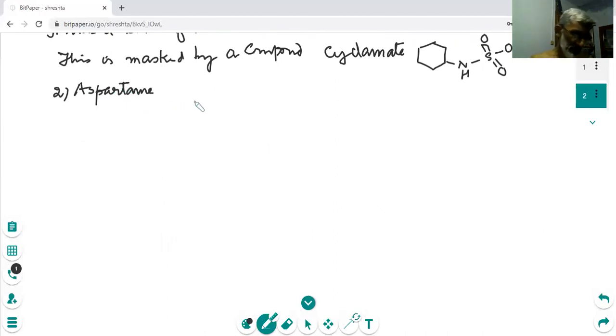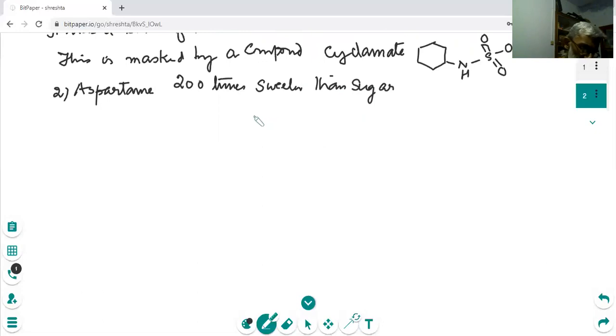Aspartame is 200 times sweeter than sugar. And structurally, it is a dipeptide, in fact obtained from aspartic acid.